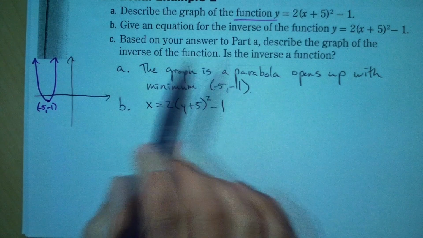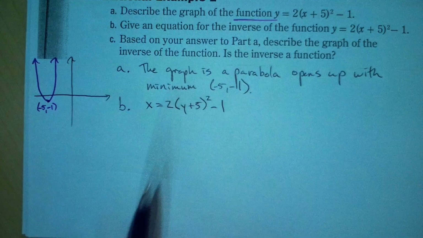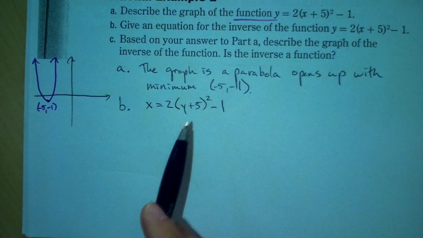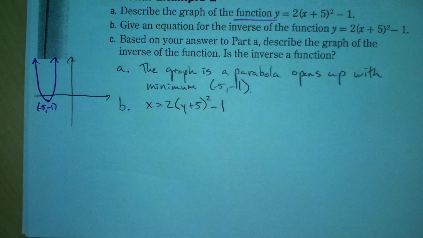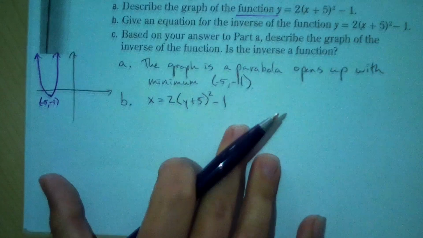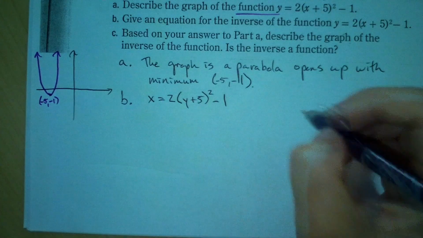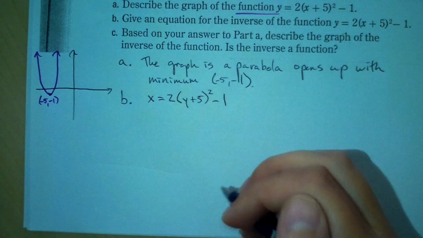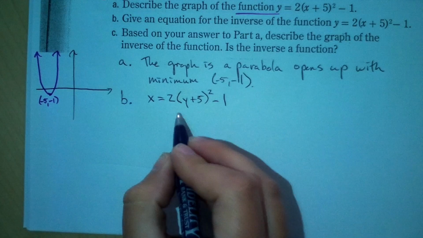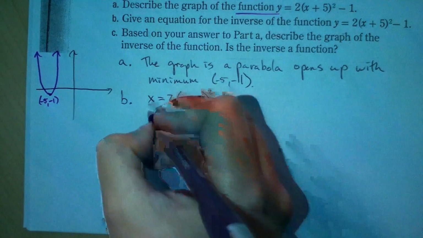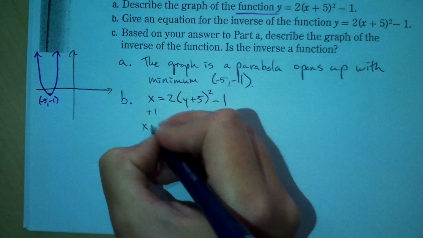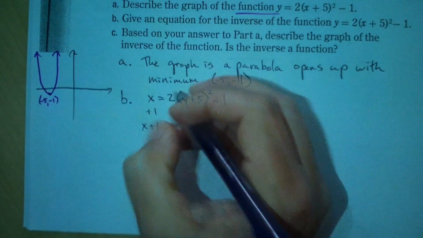Then I would get rid of my squaring by square rooting on each side. And when I square root, what do I have to put over here with the square root? What kind of answers can I have? Plus or minus, right? Because again, I have positive and negative answers here, so I have to have the plus or minus, otherwise I'm not getting the full graph of that. So then I'll be down to y plus 5 is equal to plus or minus square root of x plus 1 divided by 2.